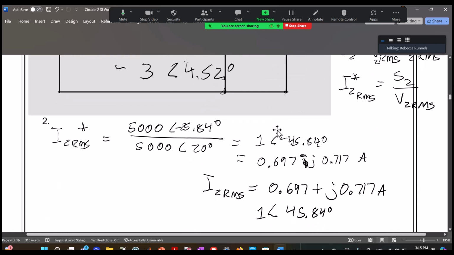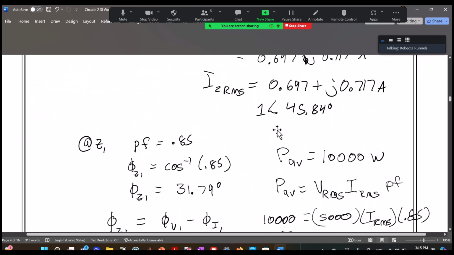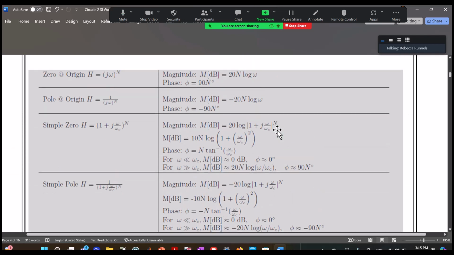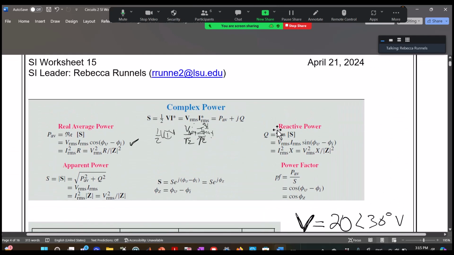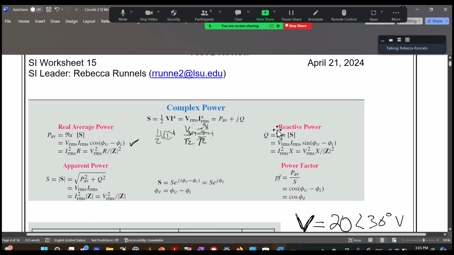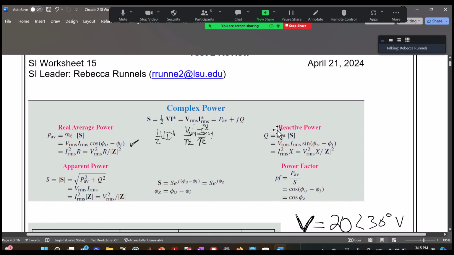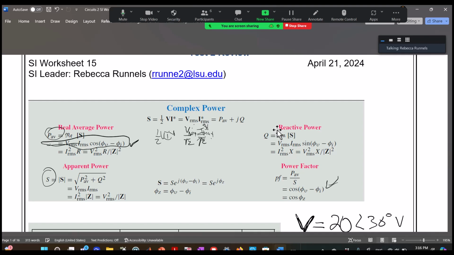And when I did Z1, I used the formulas without the angles, and I got the answer without the angle, and I found the angle using this. I used this, which does not have any angles in it, because that's what I had. I had the average power. And then I found the angle using the formula.